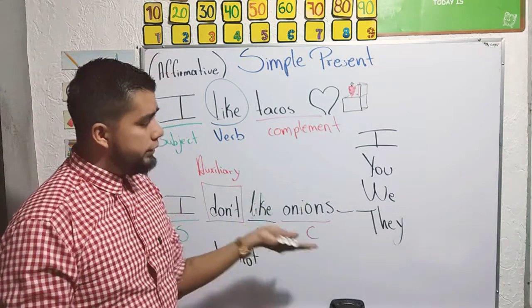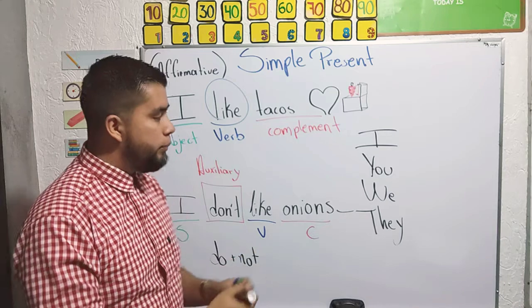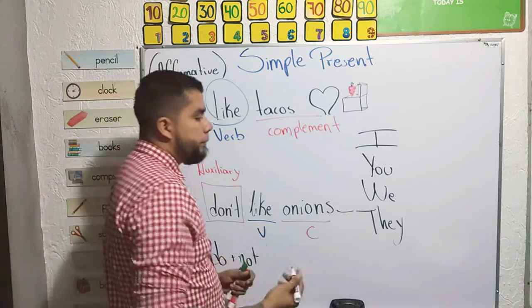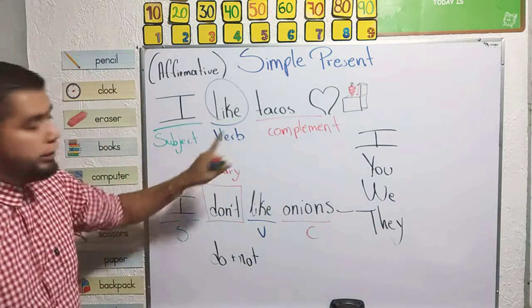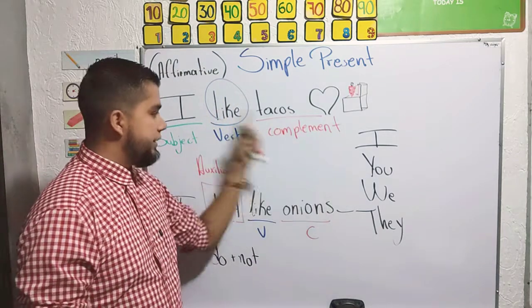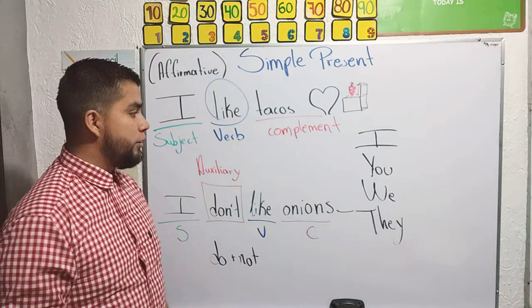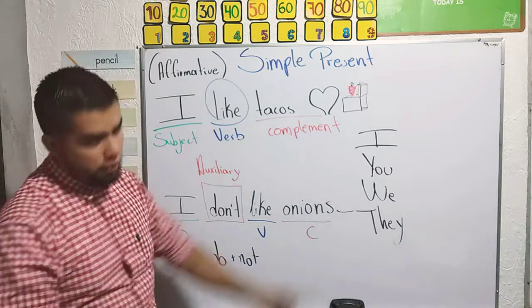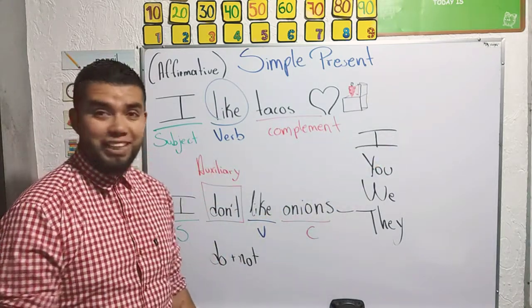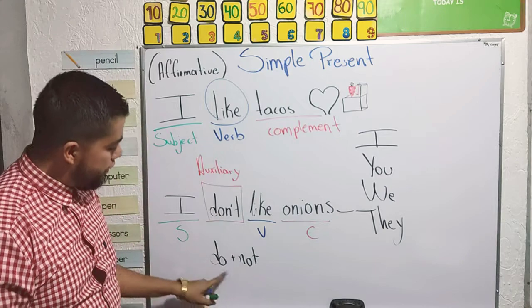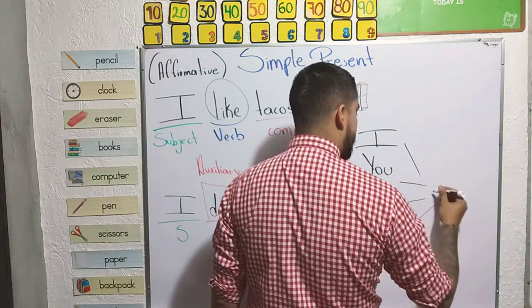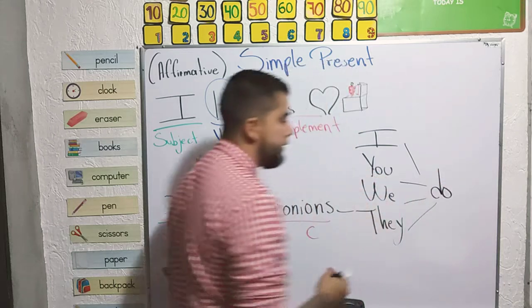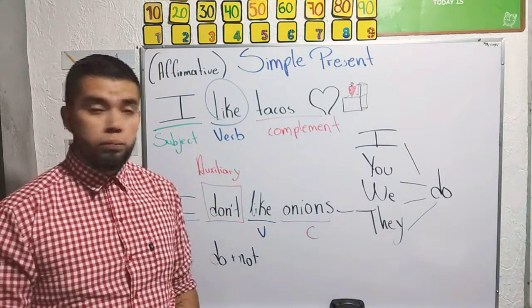Now, when I have these subjects in simple form, I'm going to do it like this. I like tacos. You like tacos. We like tacos. They like tacos. It's the same. So the auxiliary is going to be the same. Do.